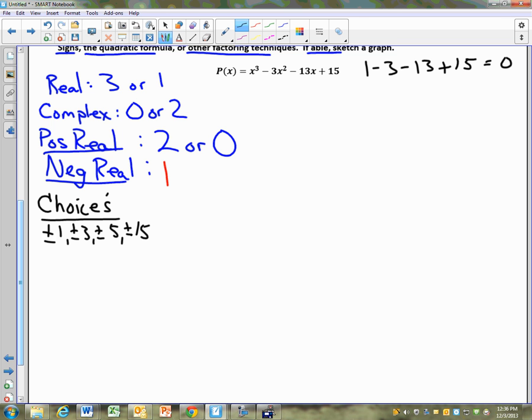If 1 works, what's a factor? X minus 1 is the factor. So let's take this polynomial and divide it by that factor to get a polynomial of a smaller degree. I'm going to divide it using synthetic division.